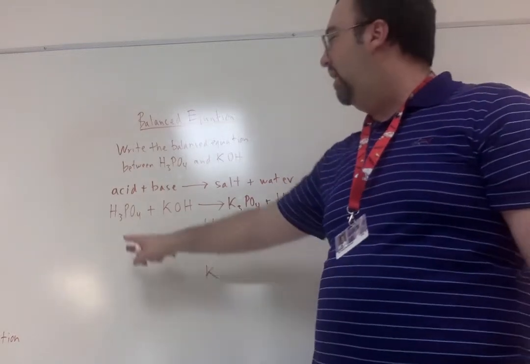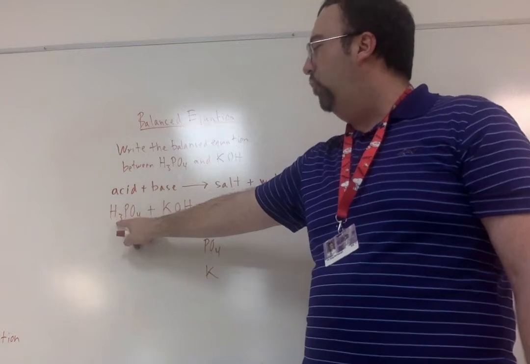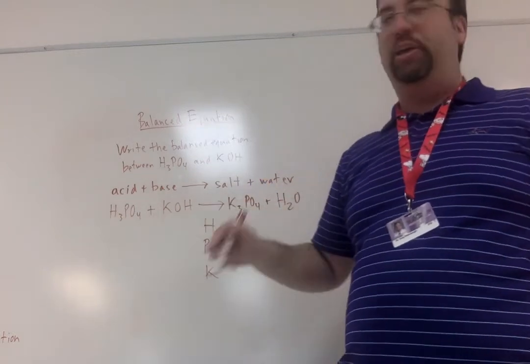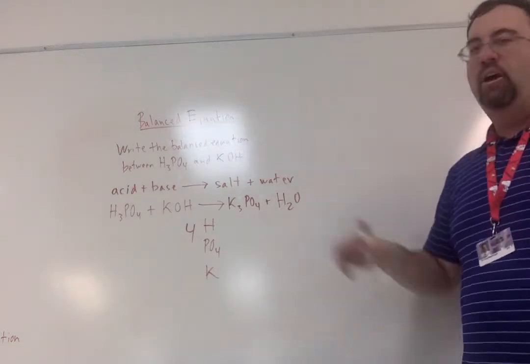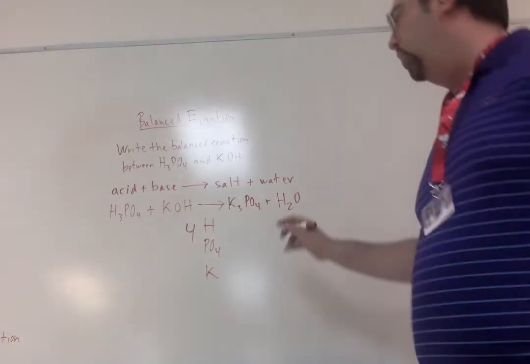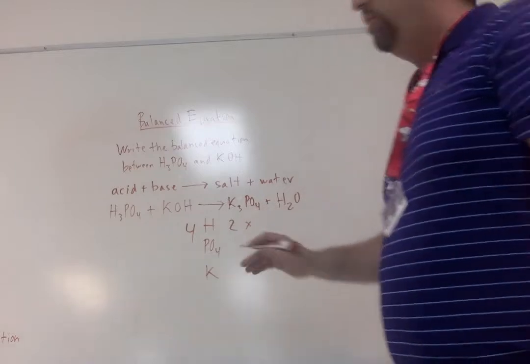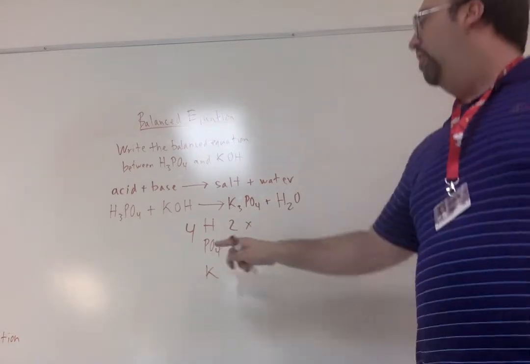On the reactant side, notice I have a total of 3 + 1, which makes 4 hydrogens. On the product side here, from the water, I only have 2 hydrogen atoms. And so these right now are not balanced.